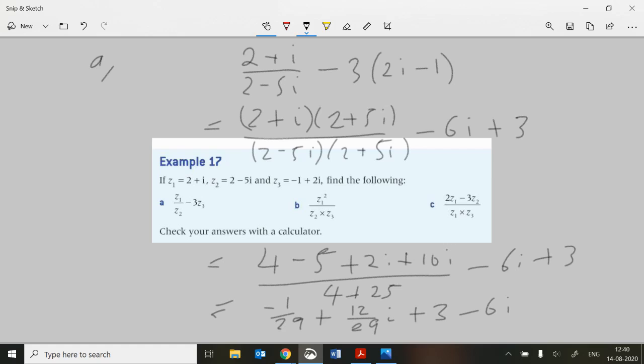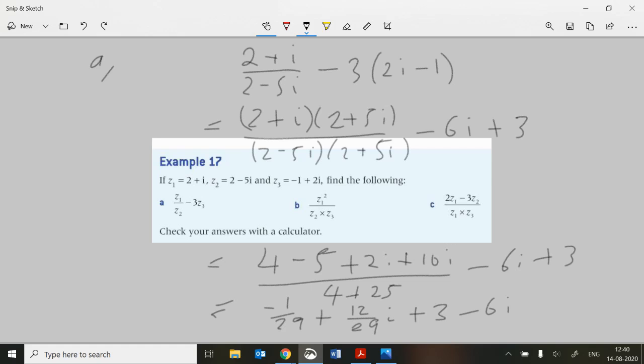So you can obviously then combine this and this, and you can combine this and this for the amount of i which you have there. Now, that means that you're going to need to change these into fractions out of 29, so times the top and bottom of both by 29, which is a fair bit of work if you're doing that without your calculator.